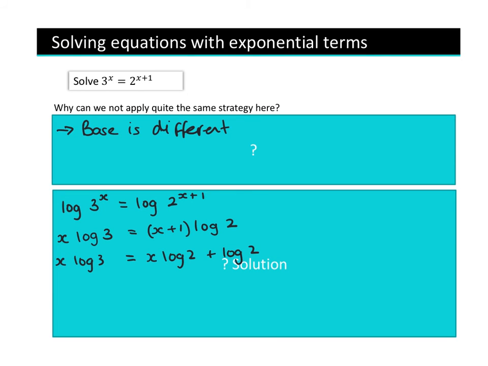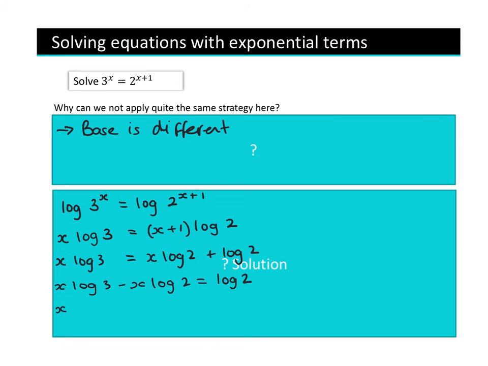Now, I want to find out what x equals. So what I'm going to do is rearrange the equation. I'm going to move everything with an x on the left-hand side, everything else on the right-hand side. I may have to factor out and then divide. So I'm going to have x log 3 minus x log 2 equals log 2.